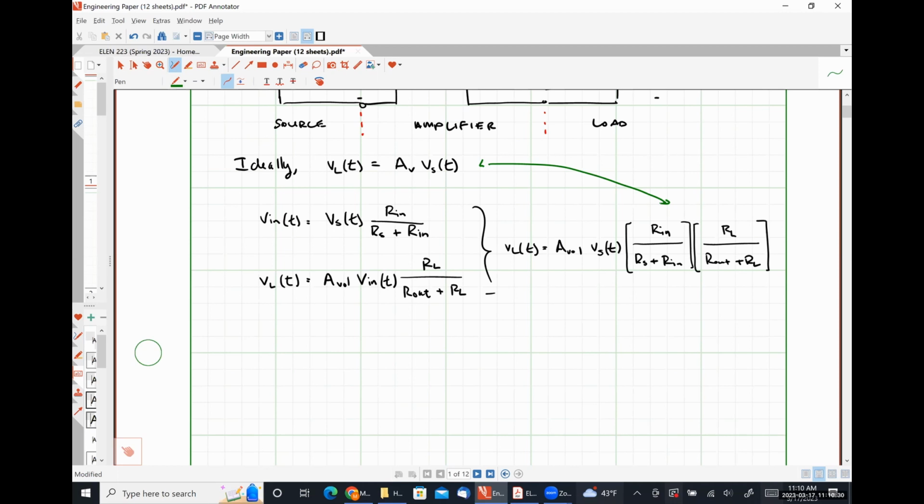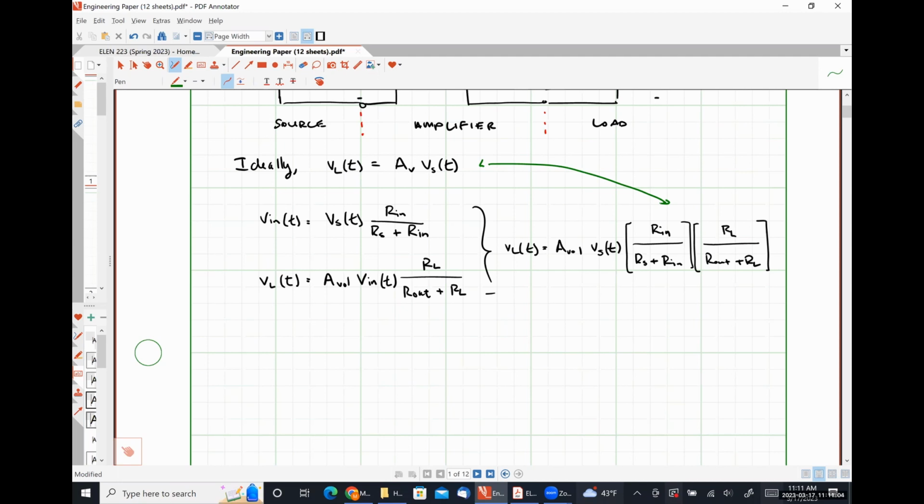And what I want to have happen is for these two expressions to be literally identical. So in the ideal case, VL is just a scaled version of VS, scaled by some gain. Effectively, I want this coefficient Rn over Rs plus Rn to look like 1, and I want this coefficient RL over R out plus RL to look like 1.